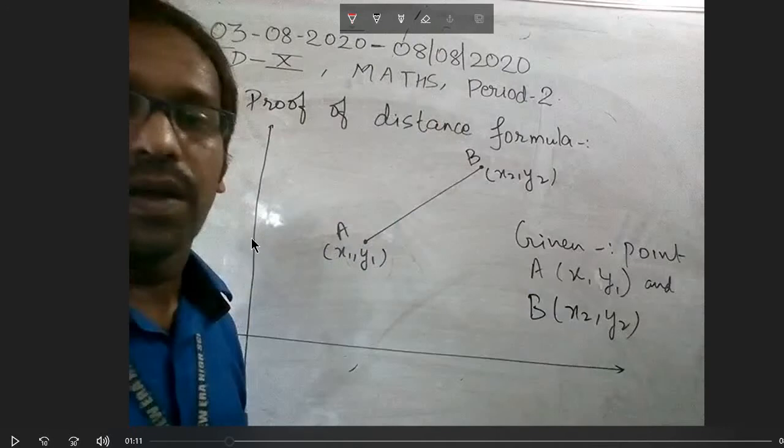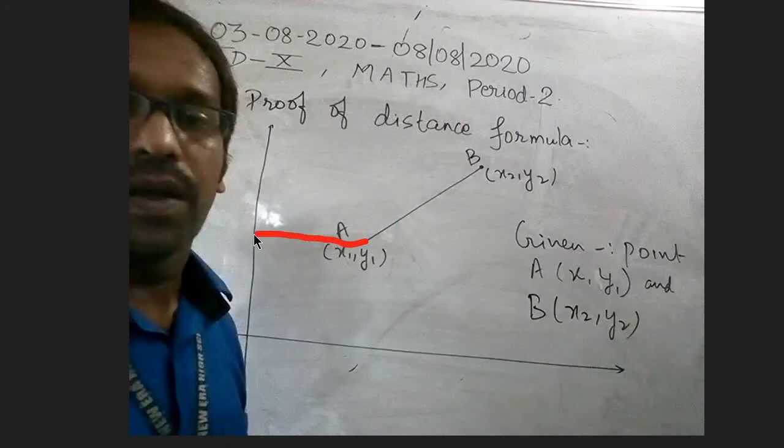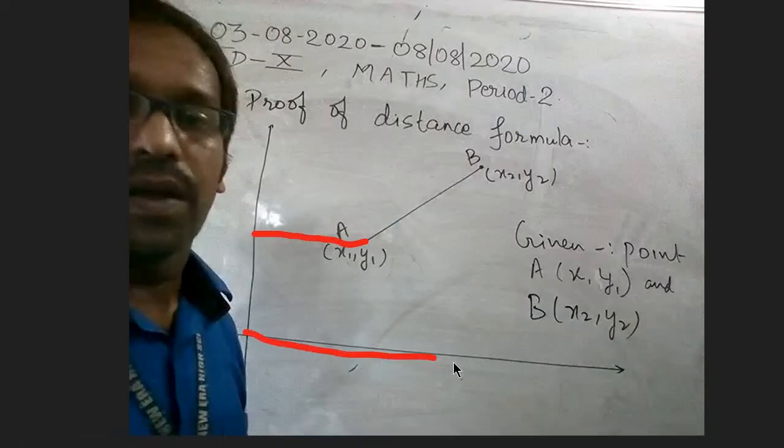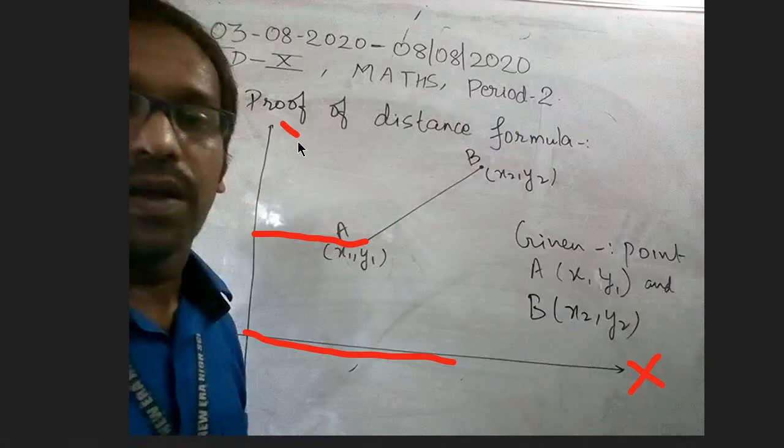that if I draw a line like this parallel to this x-axis, okay, this is our x-axis and this is our y-axis. So this line is parallel to x-axis.